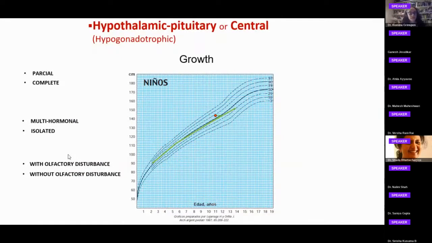Central hypogonadism can be partial or can be complete, can be multihormonal, like the case you presented before, or can be isolated, and can affect olfaction or not. Boys usually present with normal stature but an absence of pubertal spurt and a mild delay of bone age.